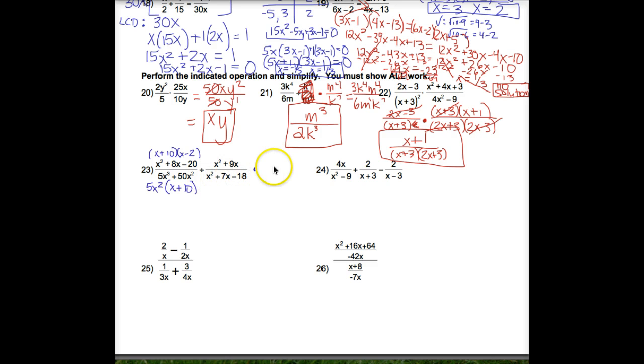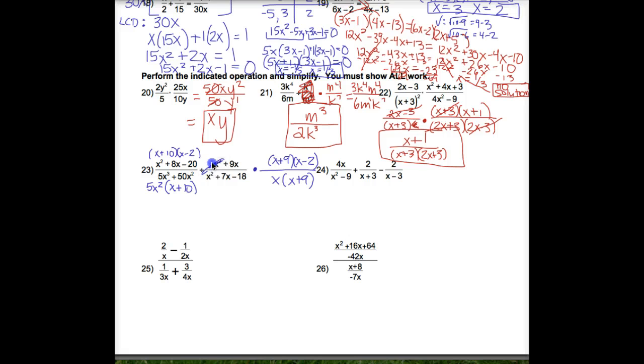So this bottom is going to become the top over here. And x squared plus 7x minus 18 is going to factor into x plus 9 times x minus 2. This guy has a GCF of x and x plus 9. So I'm going to scratch this out because I already wrote multiplication by the reciprocal.